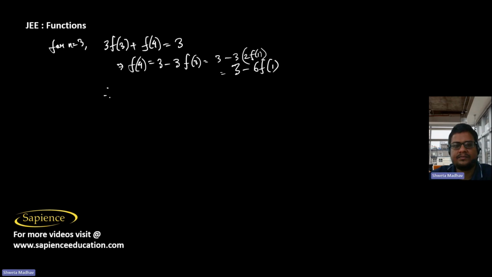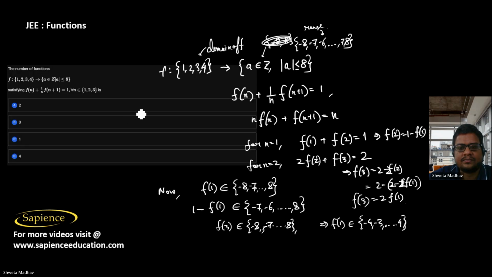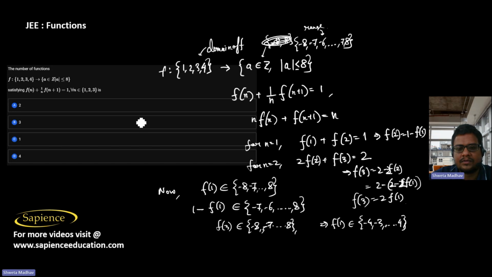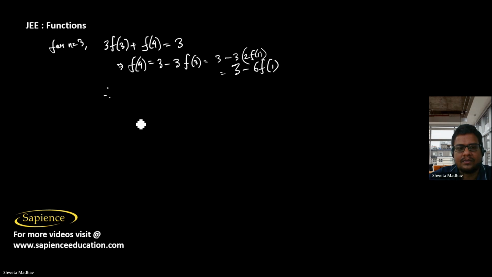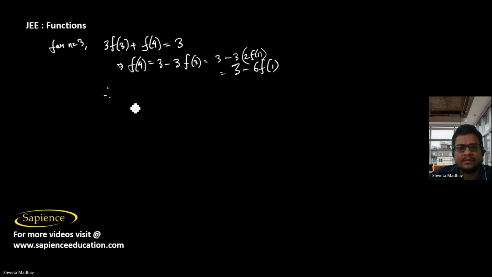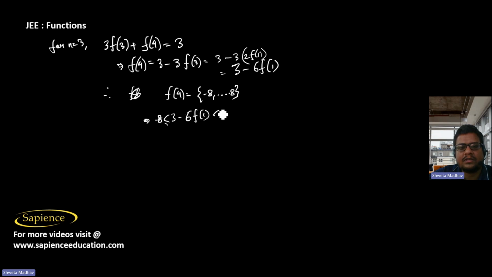So therefore f of 4 is going from -8 to 8. So therefore 3 minus 6 into f of 1 should be going from -8 to 8.